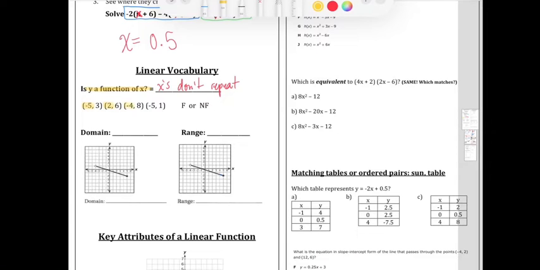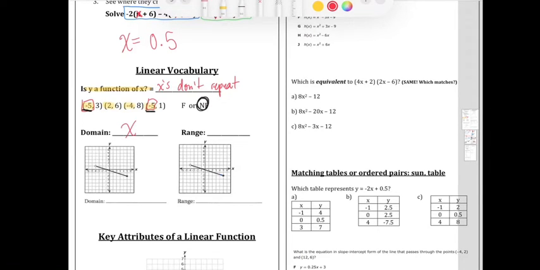So in this example here, we have a -5, a 2, a -4, and a -5. What I notice is that -5 is with 3, and then -5 comes back with a 1. That is not good. So this is not a function. It is not a function because we had an x that repeats.